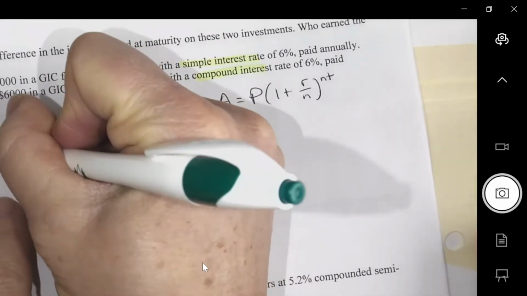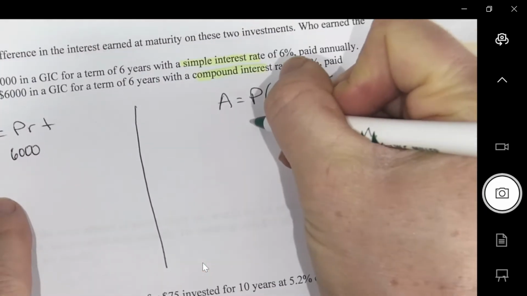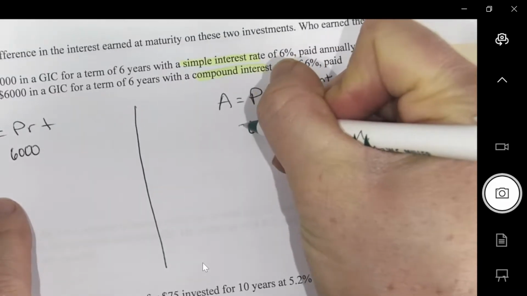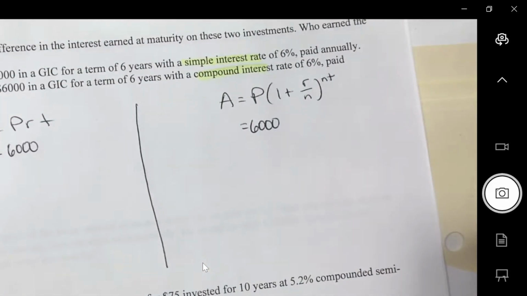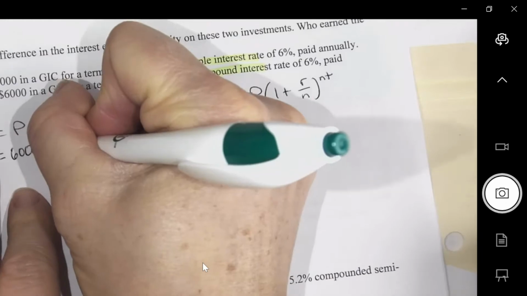Okay, 6,000 is the principal. 6% for 6 years.